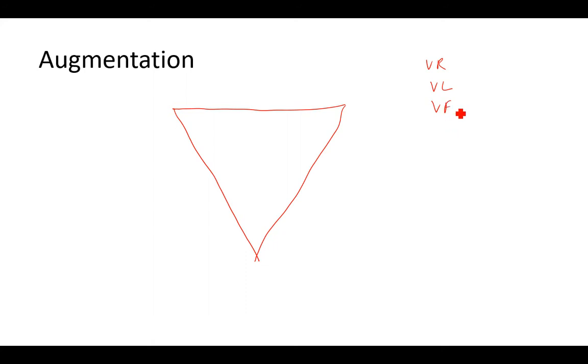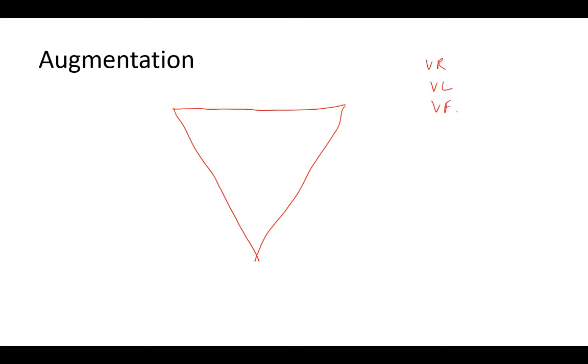So when the ECG machine was invented, there was no word such as augmentation. Then we had leads called VR, VL and VF.